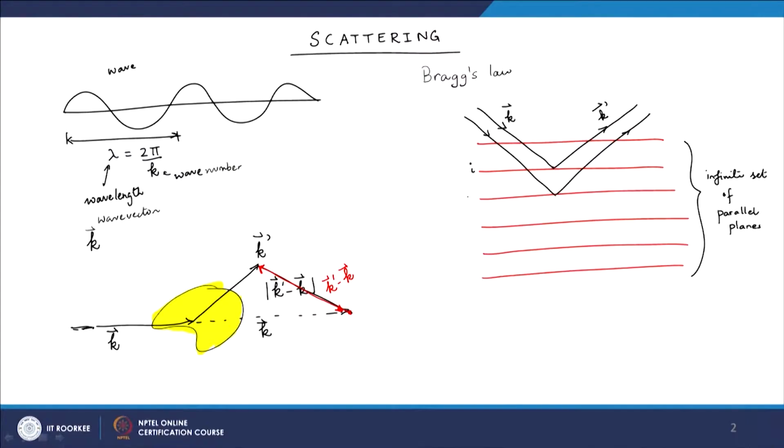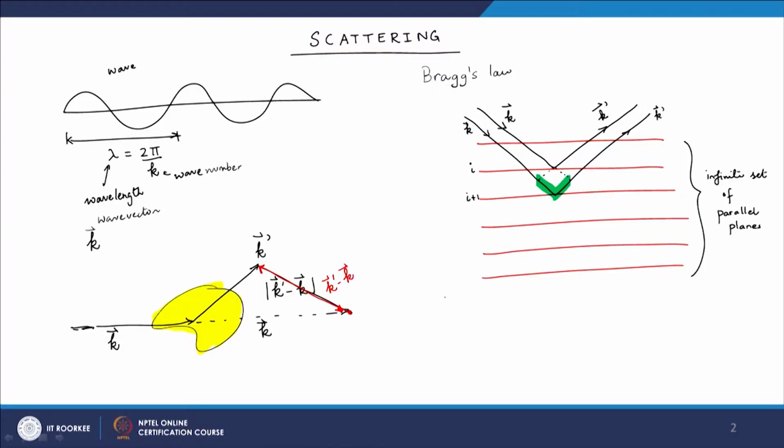So, then if I look at say two adjacent planes, let us say i and i plus 1, and if I look at the scatter through them, then these two differ in the length of the path by this small amount. This is the length difference that we see between the two waves and their scatter between two adjacent planes.